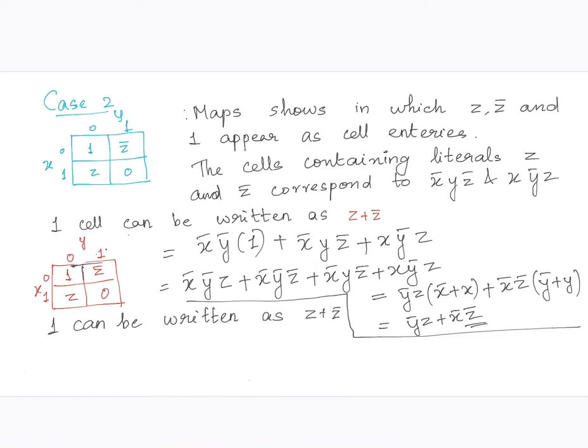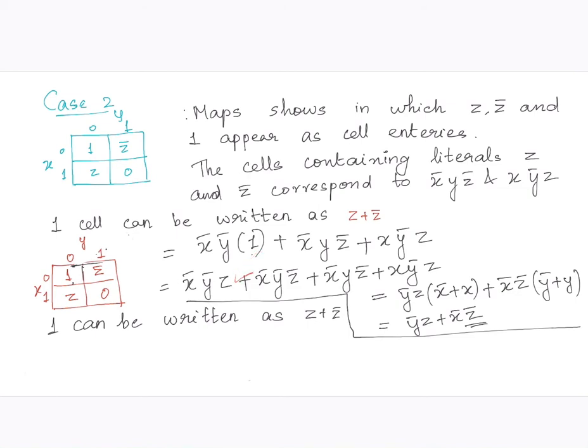Here, instead of writing one cell, as we have to group it, this one cell can be replaced with z plus z bar. So writing the function value, as it is 1, that corresponds to x bar y bar into 1, plus z bar corresponds to x bar y into z bar, and z corresponds to x y bar into z. Instead of 1, it can be written as z plus z bar.